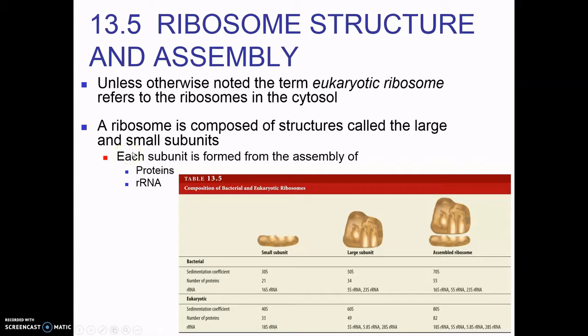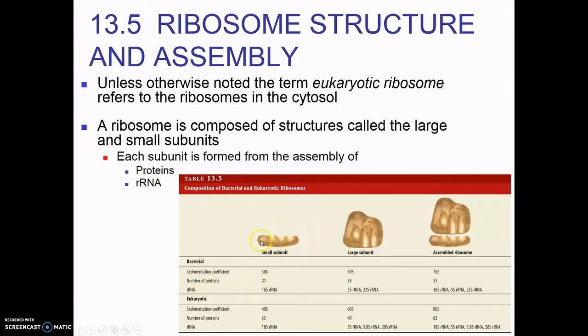There is a large and a small subunit to a ribosome, and both of them contain both proteins and rRNA. So, we've talked about the fact that there is transfer RNAs and that there are messenger RNAs. Well, these are ribosomal RNAs. And we talked about the origin of some of these ribosomal RNAs when we talked about RNA processing, because a lot of them are produced as a single RNA and then trimmed into smaller pieces.